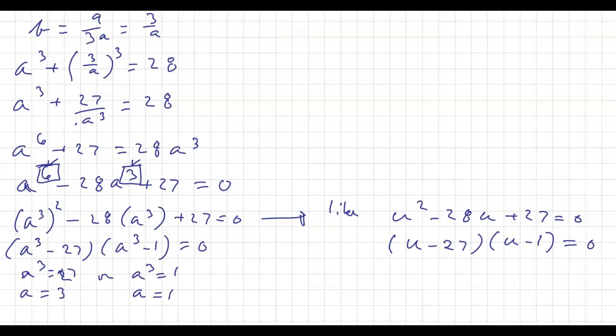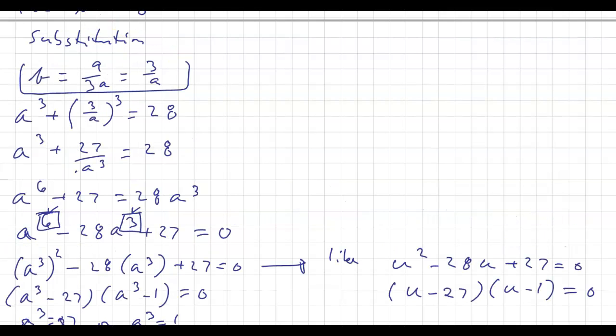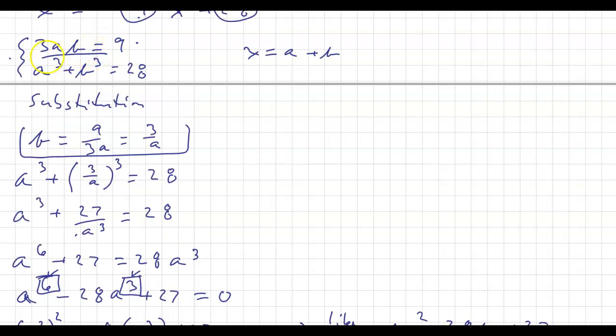Now remember, in our substitution, b was equal to 3 over a, or even easier, we can go up to this one: a cubed plus b cubed equals 28.